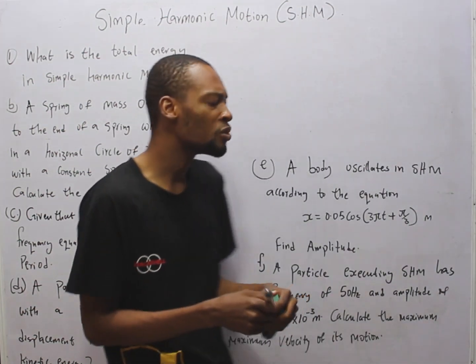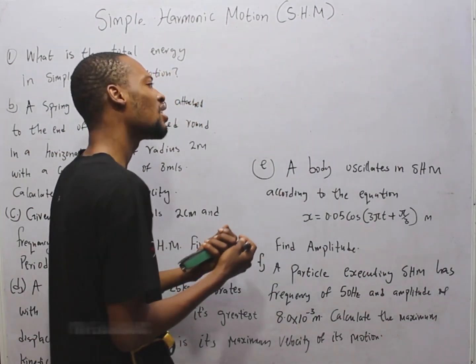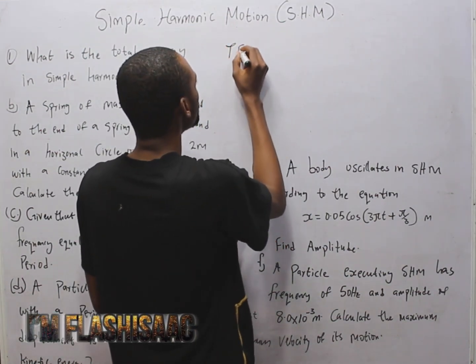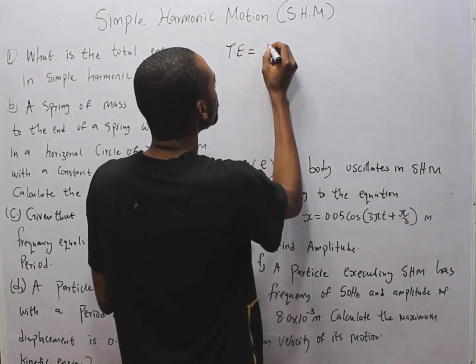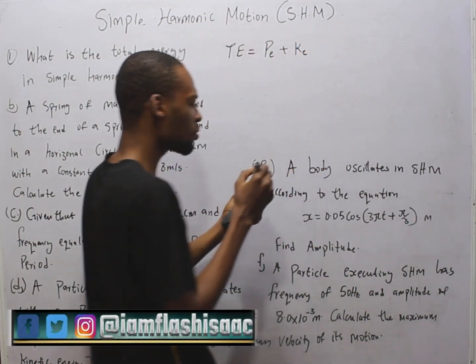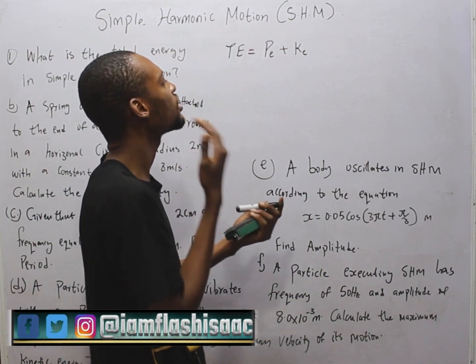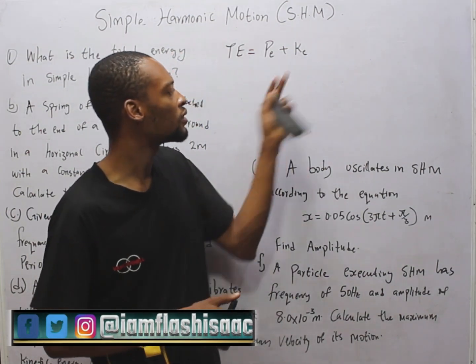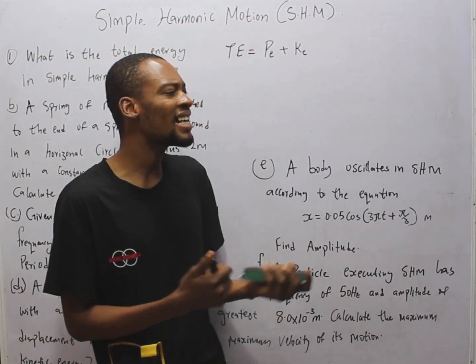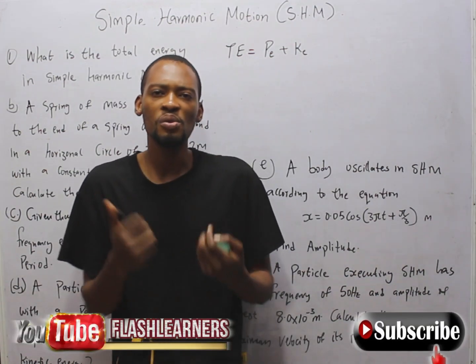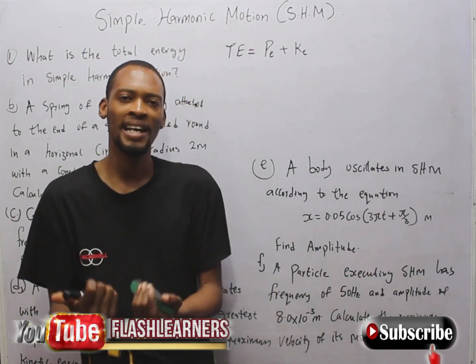So total energy, let's say TE, equals potential energy plus kinetic energy. So this is the total energy of simple harmonic motion at any point. What is potential energy? Potential energy is simply the energy a body possesses due to position or due to height.